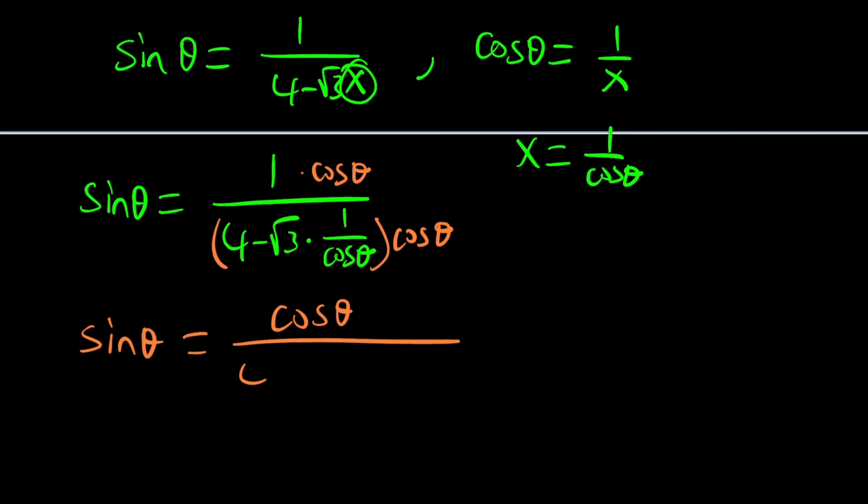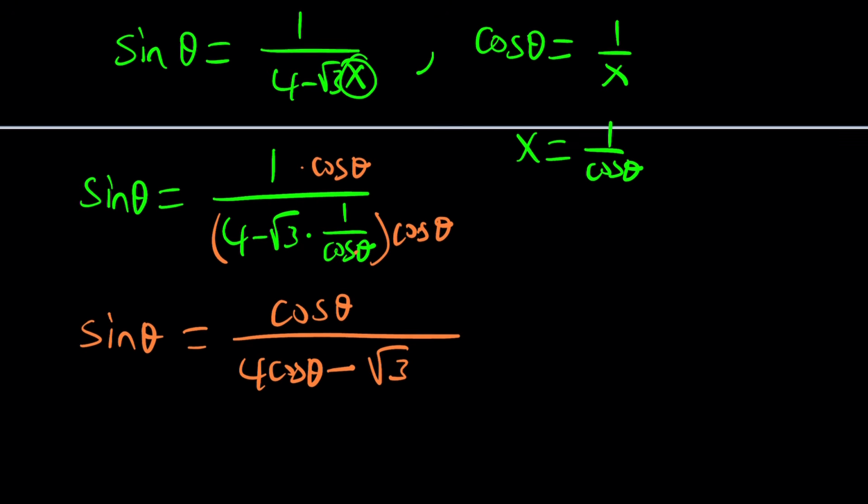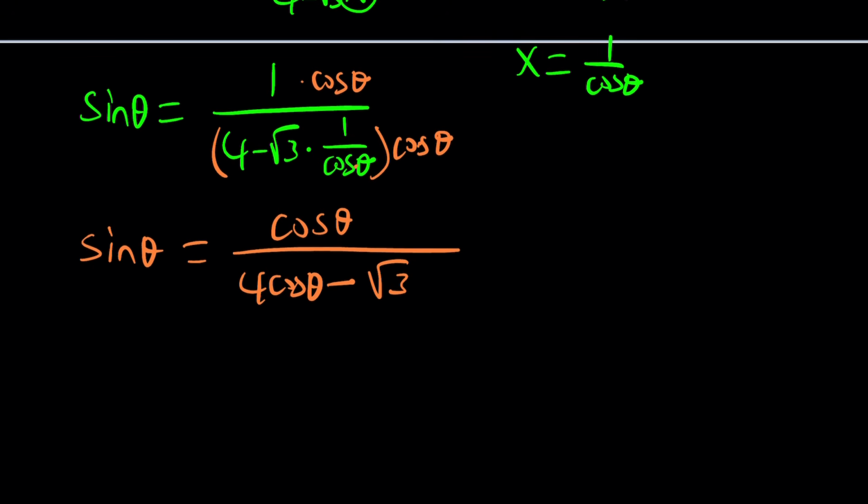This is going to give you 4 cosine theta minus, and these two cancel out, minus root 3.